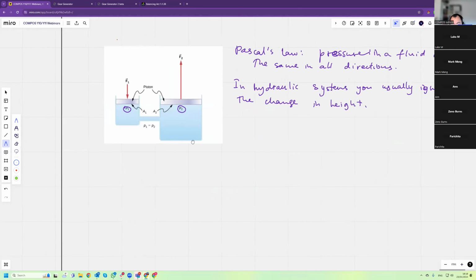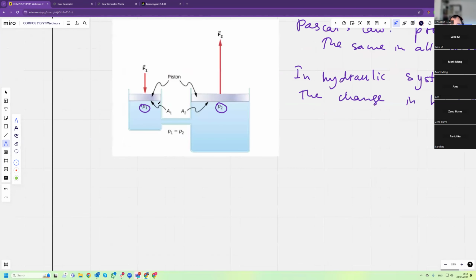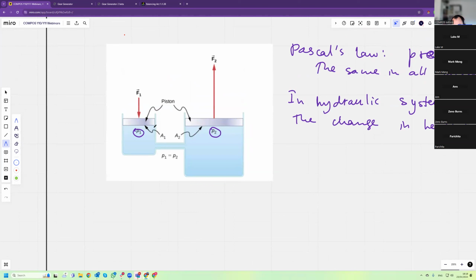So how does that work? Well, let's say you have two pistons, a smaller piston and a larger piston. If you push on the smaller piston, that pushes the liquid into the other container, and that piston rises. Makes perfect sense, right? The force applied to this piston gets multiplied depending on the area of the pistons.